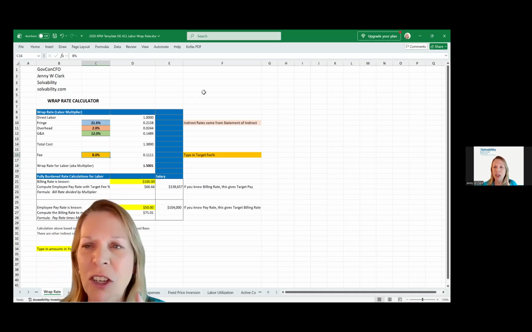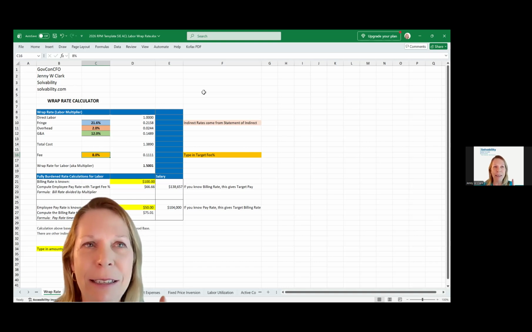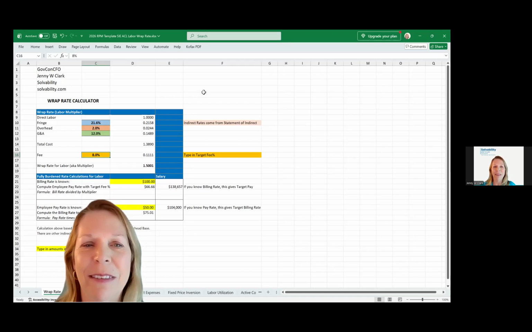Okay, so just to recap that, fringe is payroll taxes, leave, and benefits. Overhead is the cost of your technical workforce, the support cost for your technical workforce, and G&A is corporate, back office, headquarter cost. So those are percentages. And then the next element that I'm looking at is fee. That's the profit.